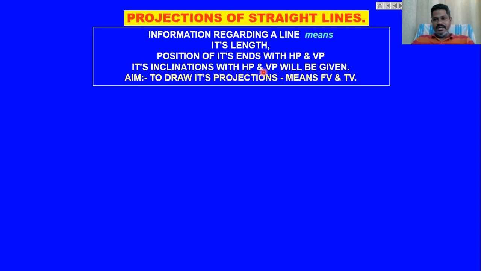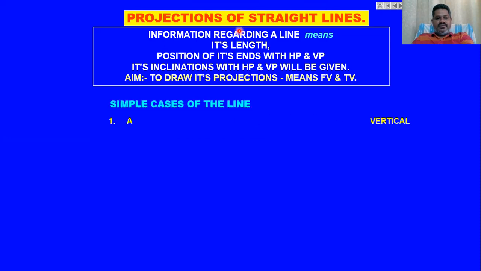The basic information required to draw the projections of the straight lines is its length, the position of its end points with respect to HP and VP, and the inclination of that line with respect to HP and VP.